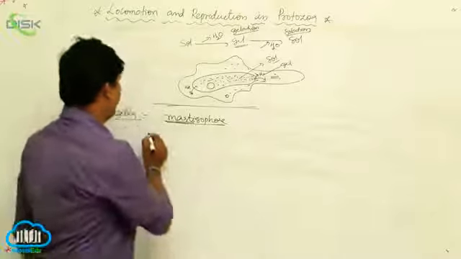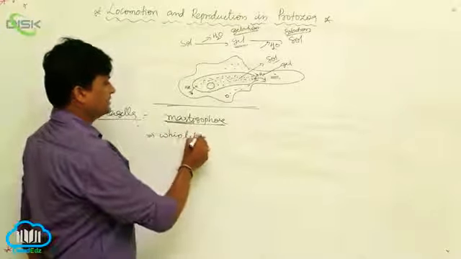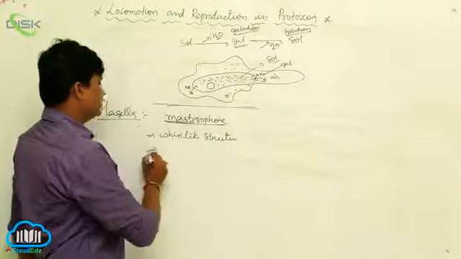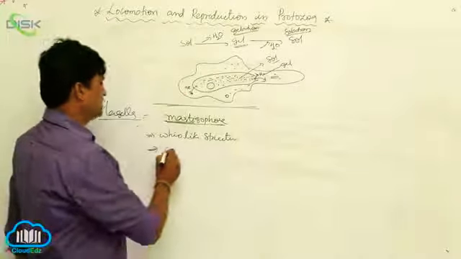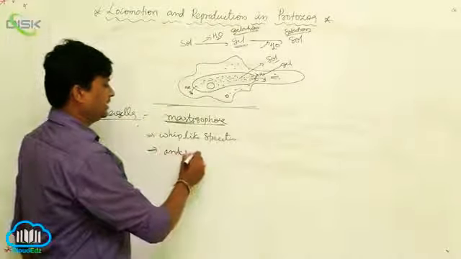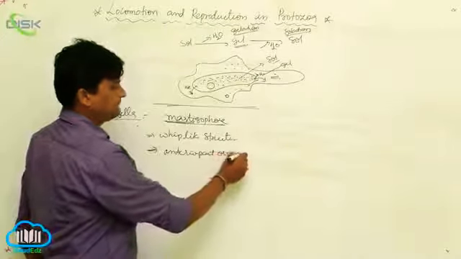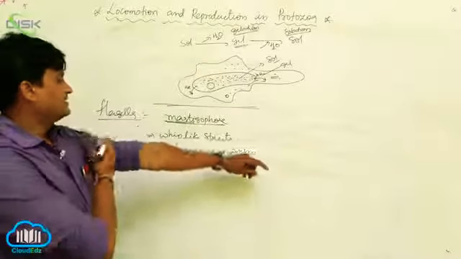Basically it is a whip-like structure, and it originates from the anterior part of the organism. That is the typical flagellum.